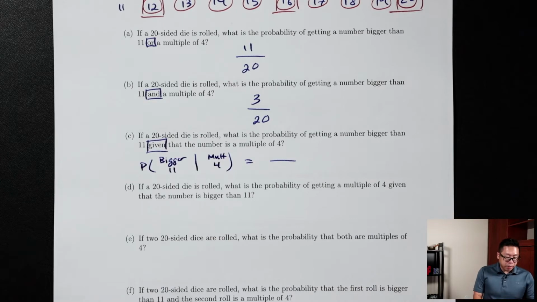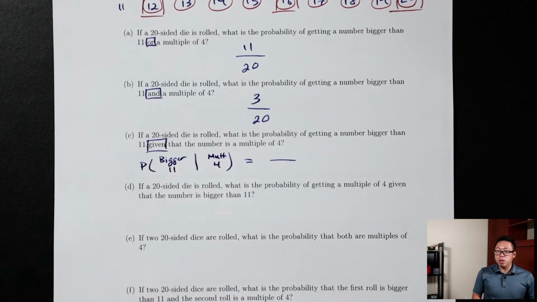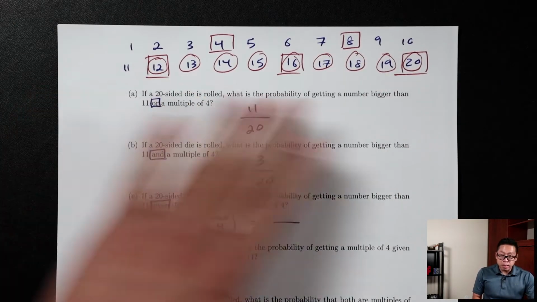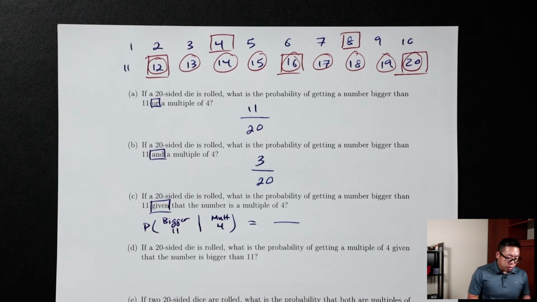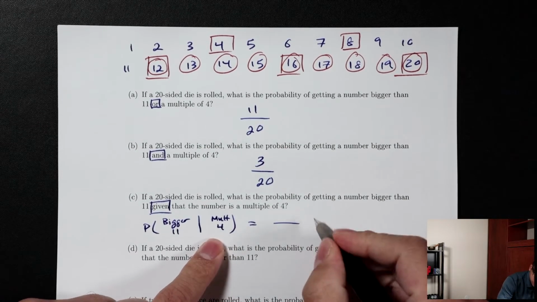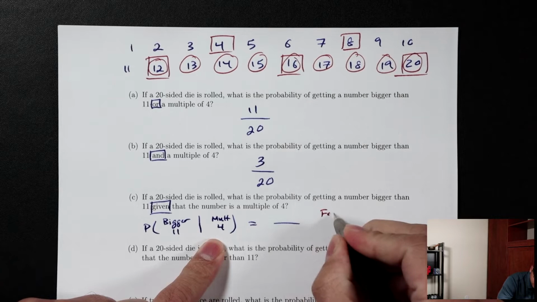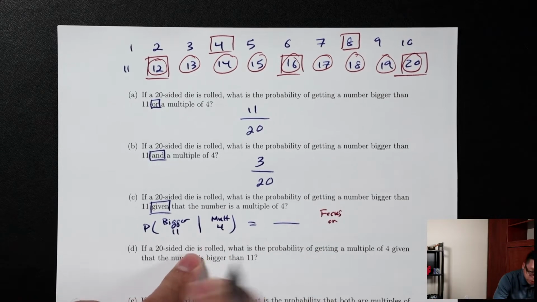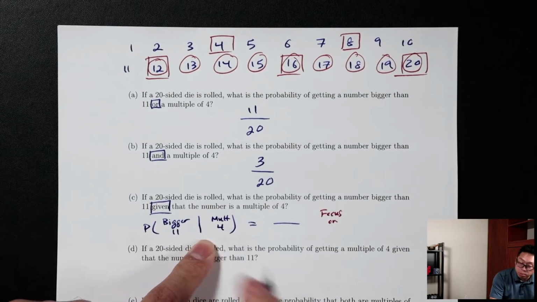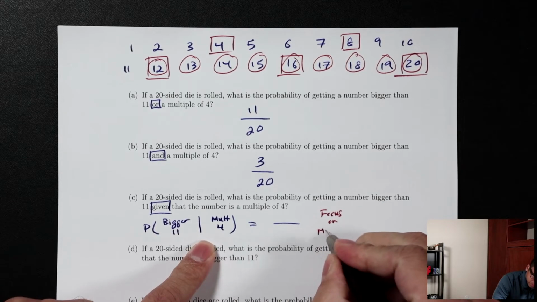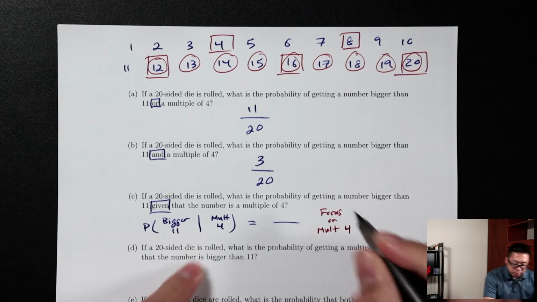So anytime I have the word given, right, I need to focus on a subset of the numbers. So for this one, we're focusing on the given part, which is the second part, the multiples of 4, for the top and the bottom.